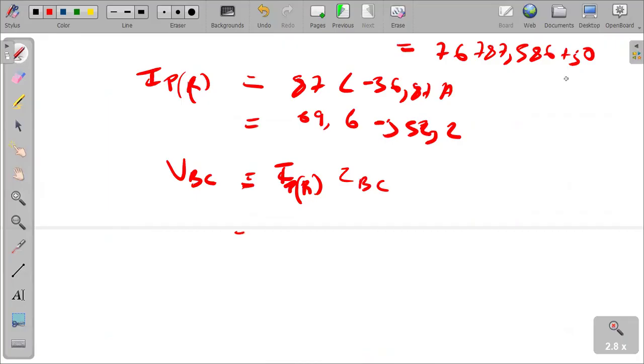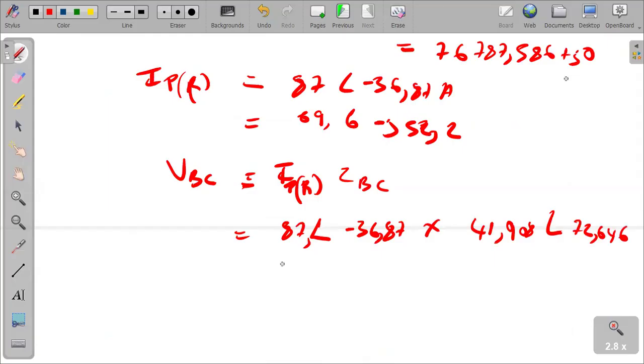So we substitute 87 angle of negative 36.87 multiplied by 41.908 angle of 72.646, and that will give us 3,645.996 angle of 35.776.